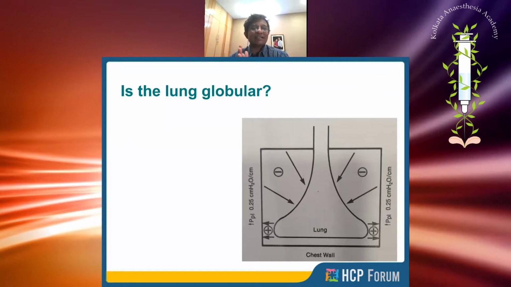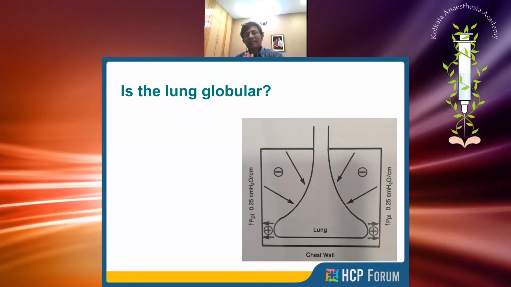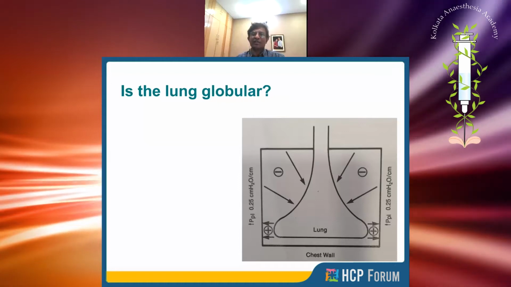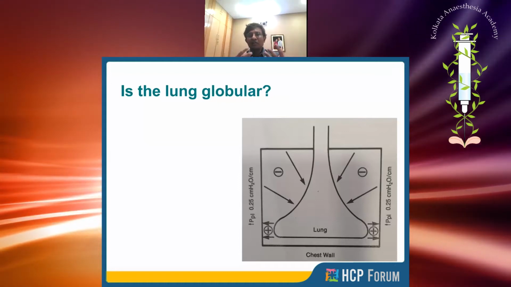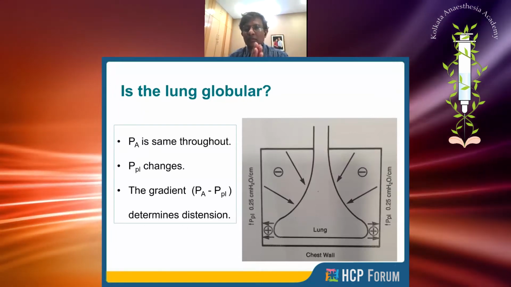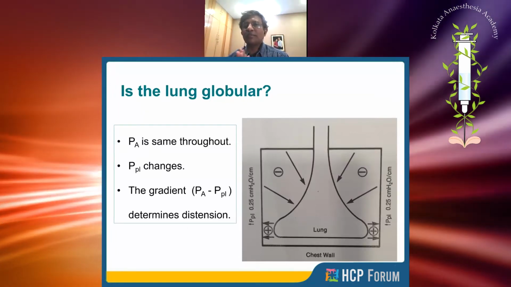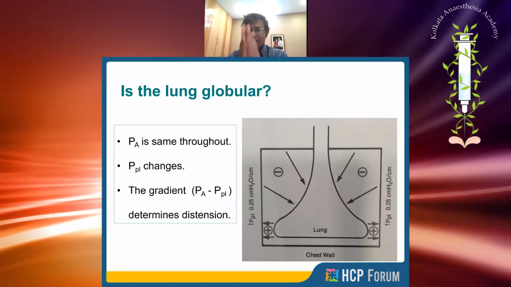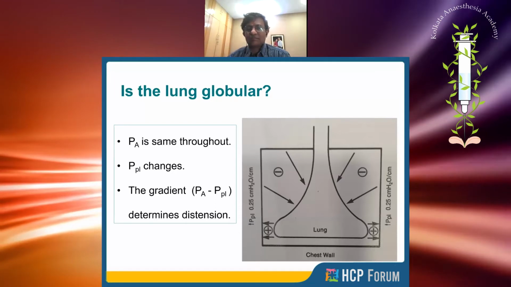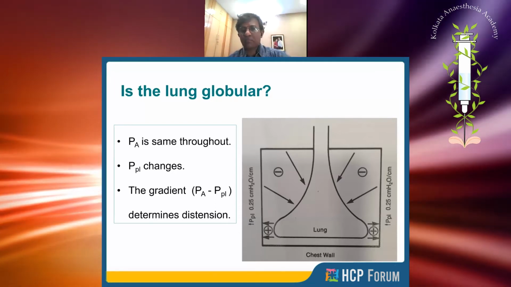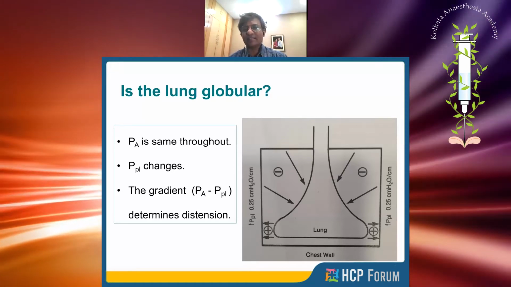This is a classical diagram which explains how this is happening, and which tells you that the lung is a little globular in structure. Through the physiology of breathing, you'll figure out that the pressure in the airway tract is the same throughout, while the pleural pressure changes.